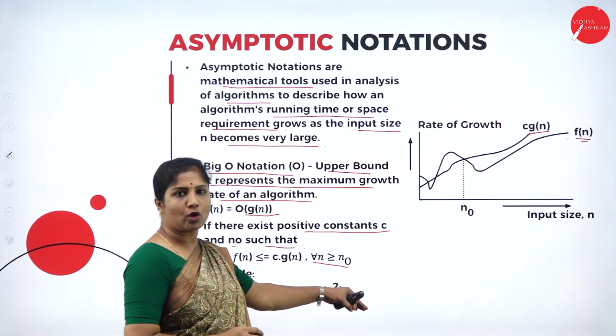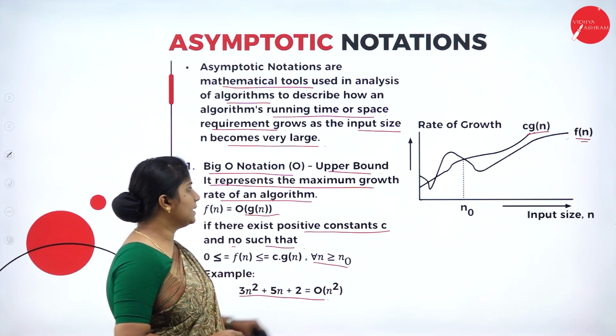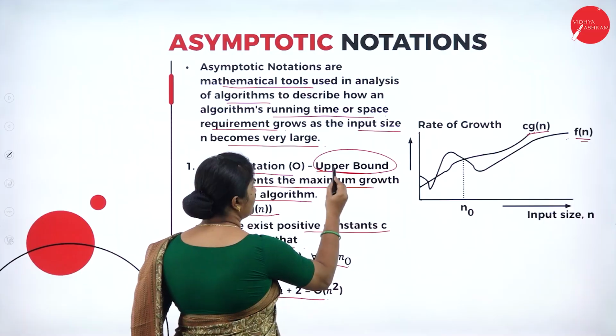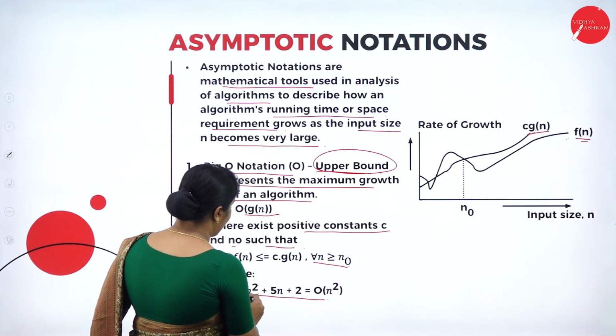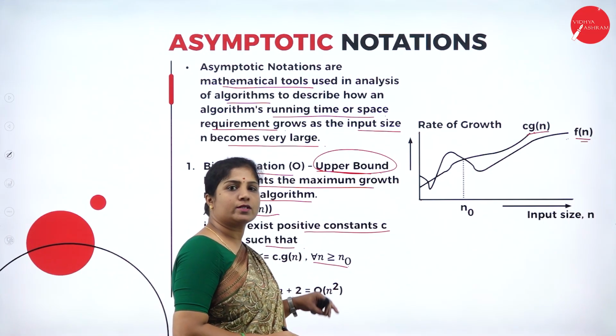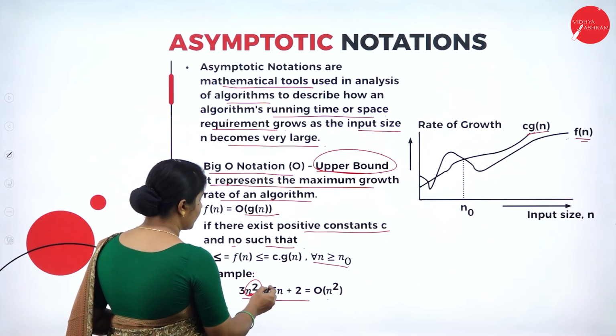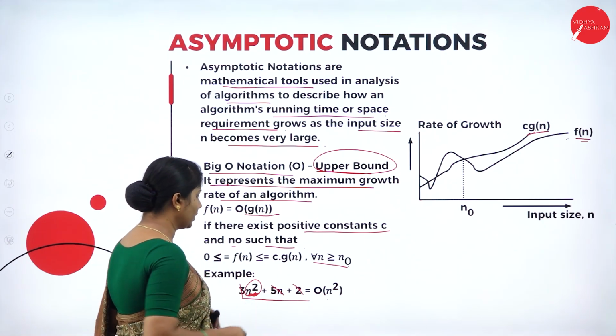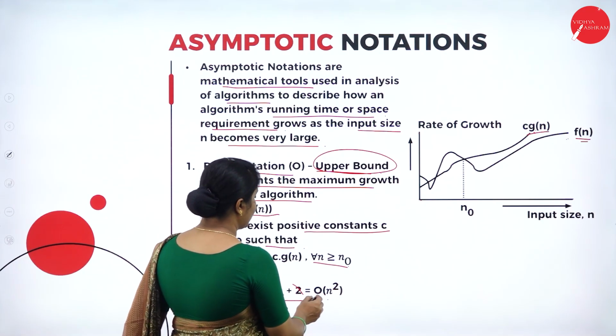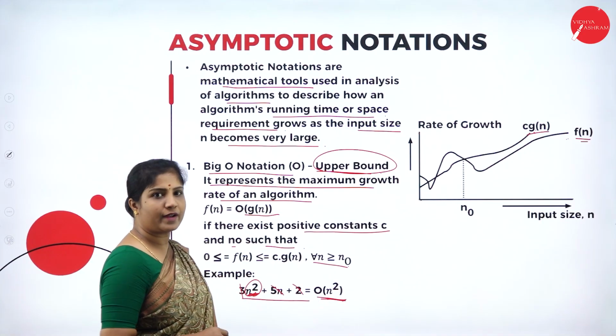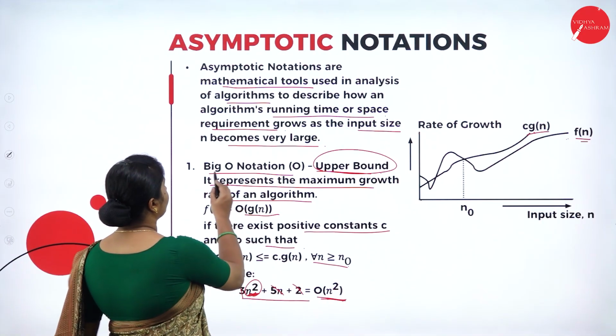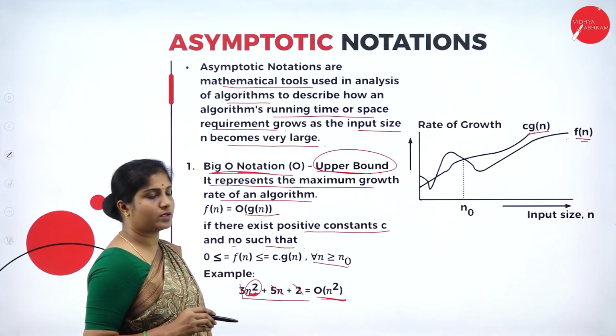What is the time complexity? As it concentrates on the upper bound, here we take the upper bound, that is n square. The rest of the things and constants are ignored. That's why we represent it as big O of n square. The big O notation represents the worst case.